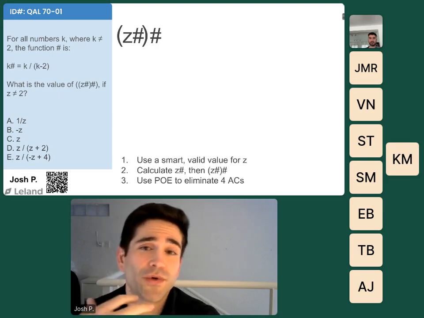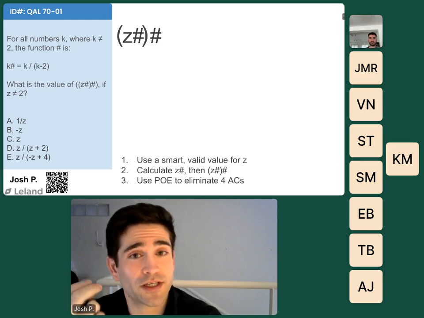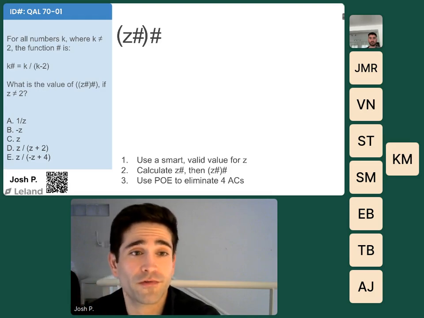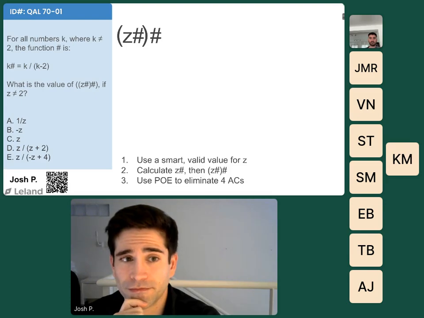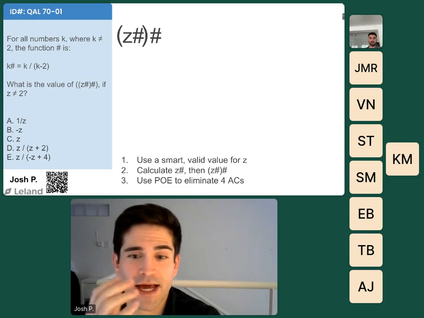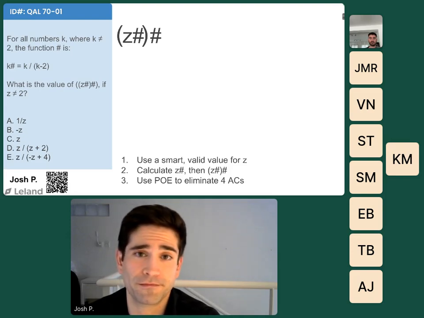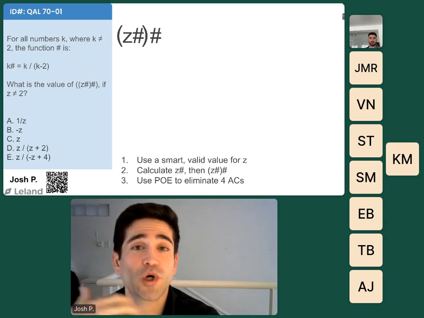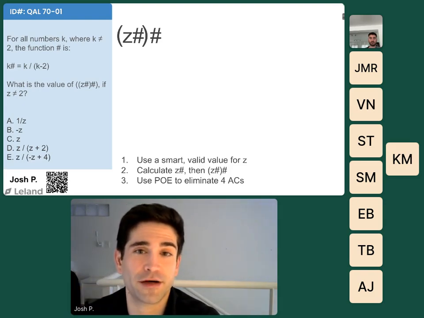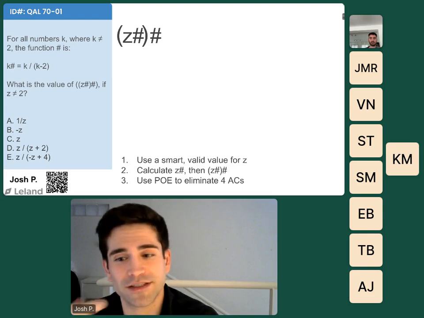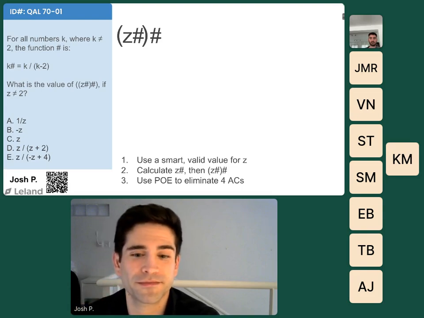What we are going to do is use a smart valid value for z. And a valid value for z is basically respecting the fact that z cannot equal 2. And then we're going to calculate z pound, then calculate z pound pound.